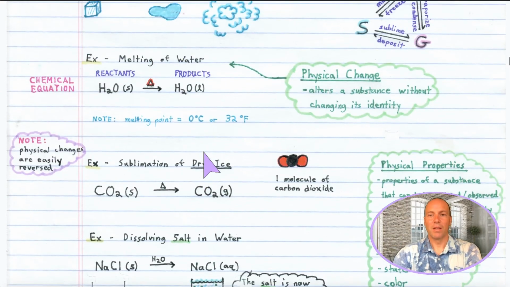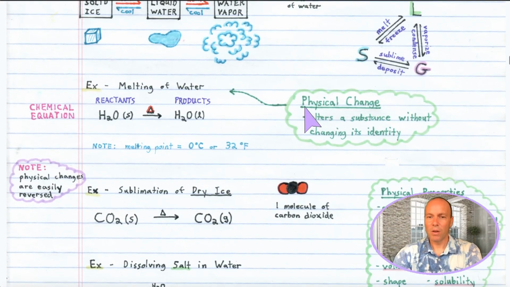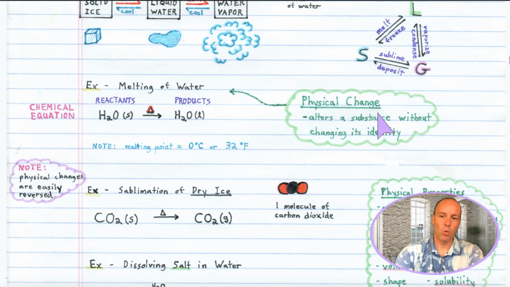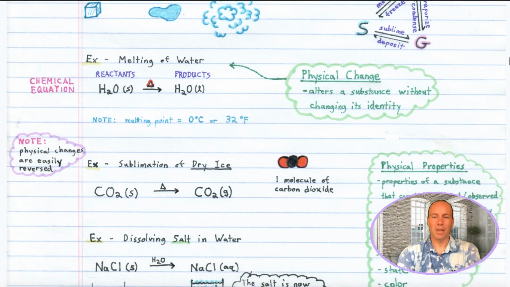The last thing to discuss in this video, along with physical changes, you should be aware of what the physical properties of a substance are. Physical properties are properties of a substance that can be measured or observed without changing the substance's identity.